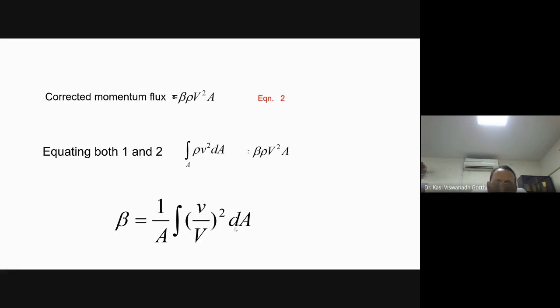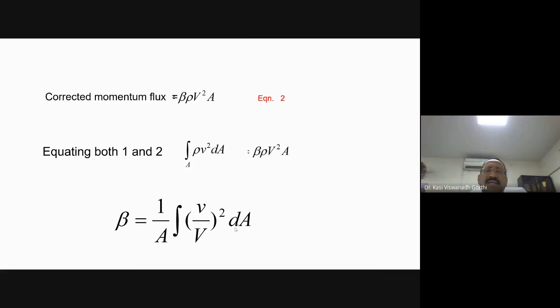At this point, I would like to impress upon one very important point. Why should we compute this alpha and beta? I would like to retrace again. Why should we compute alpha and beta? Correction for kinetic energy and correction for momentum, because we are calculating the kinetic energy and momentum based on the average velocity.